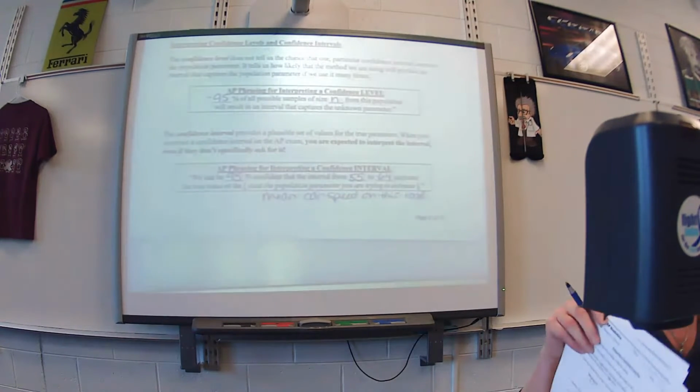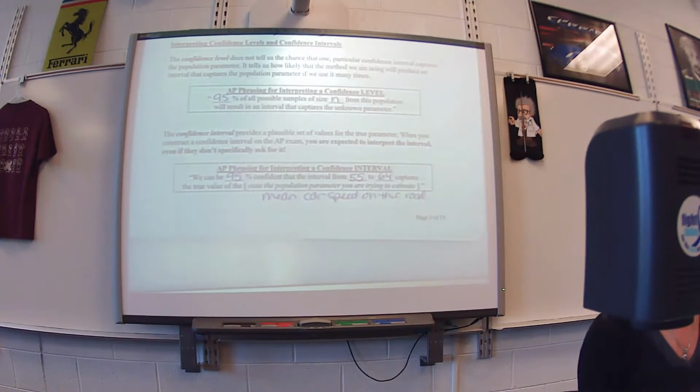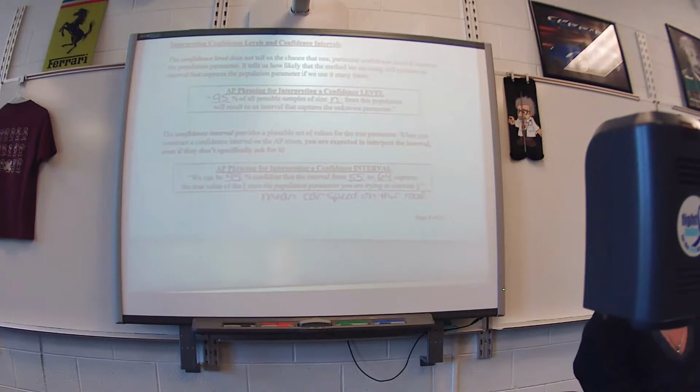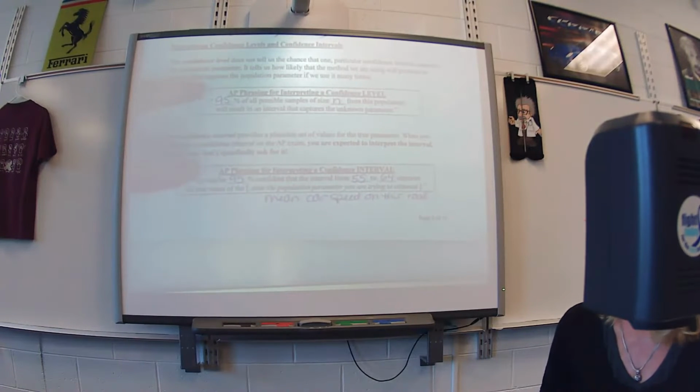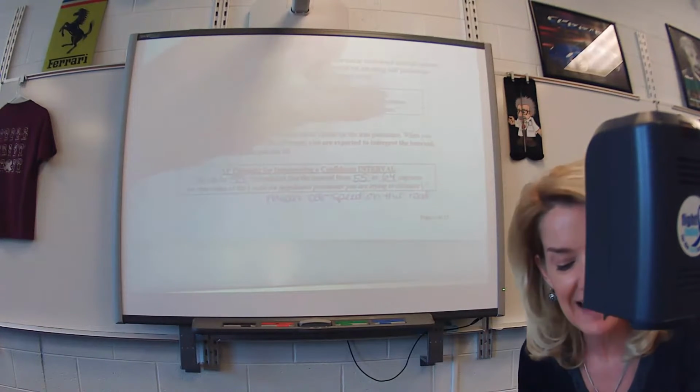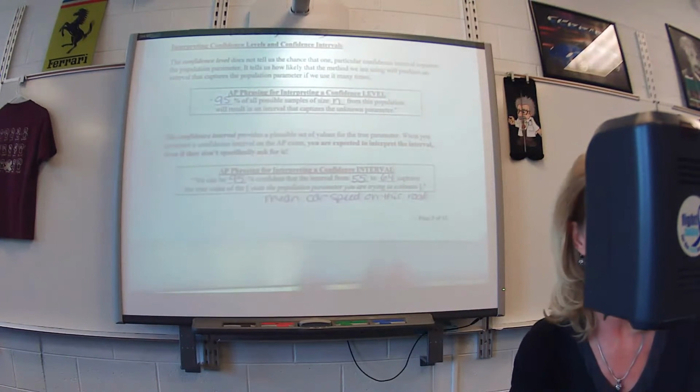So if this is your method, it's also thinking about, I'm using a constant n size. I don't sample once with 12 cars and then sample the next time with 30 cars. Okay, that's comparing apples to oranges. Okay, again, these are two things that you can memorize: confidence level, confidence interval.